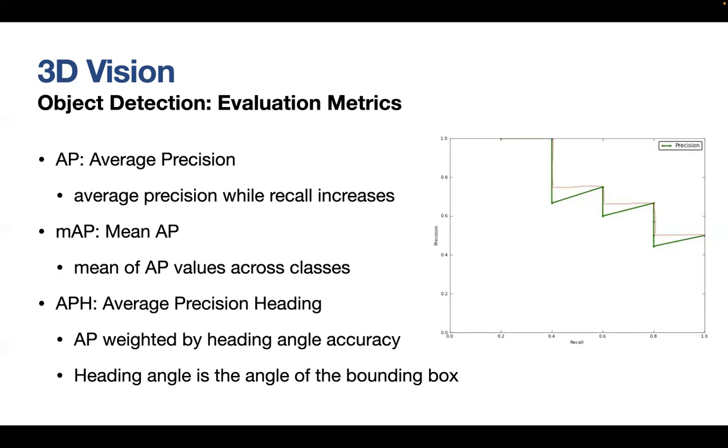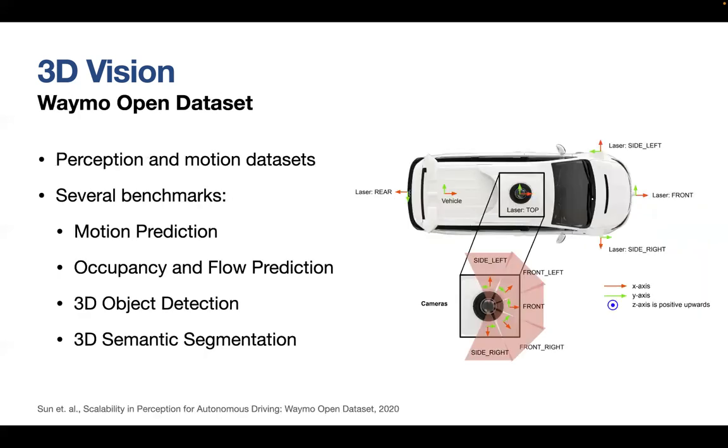The heading angle is the angle of the bounding box, because if you predict something, you also need to predict where this object is headed. So if the heading is accurate, then this precision is more valuable, and if it's not accurate, then it has less value.